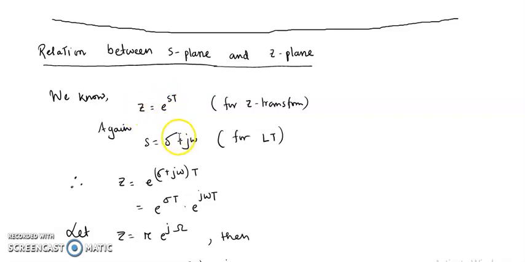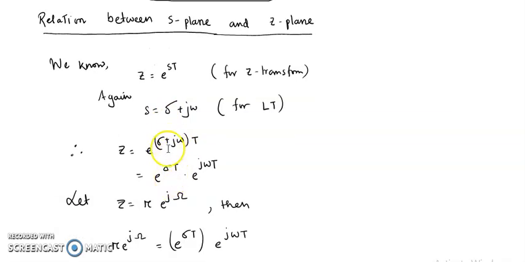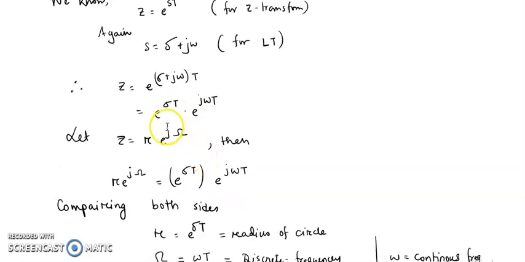Again, s is equal to sigma plus j omega in the Laplace transform. If we put this value of s here, we get this, and you can separate it as e to the power sigma T into e to the power j omega T. Now if you want to write this equation in polar form, r e to the power j omega, then you can write r e to the power j omega on the left hand side in place of z.